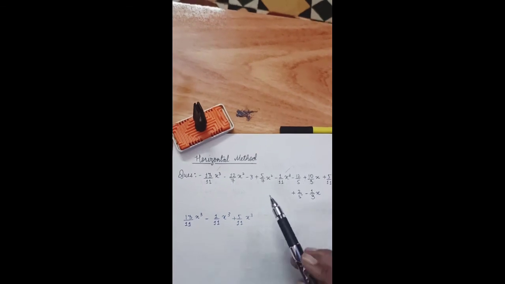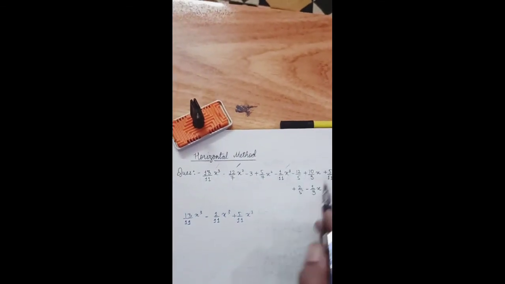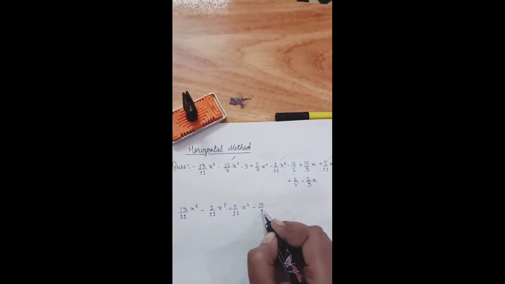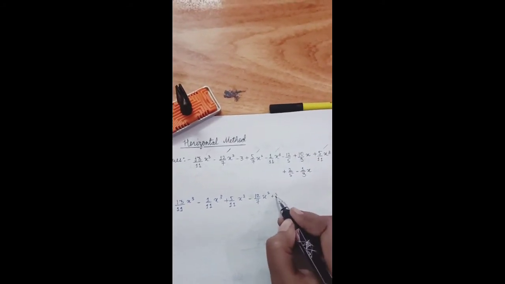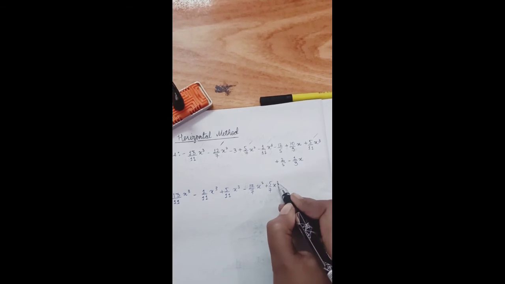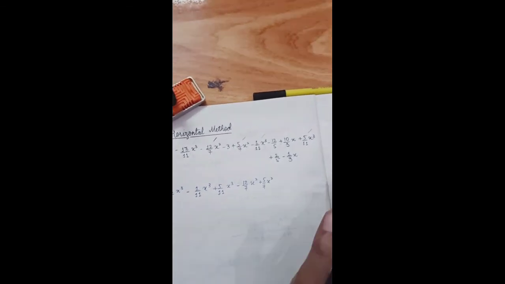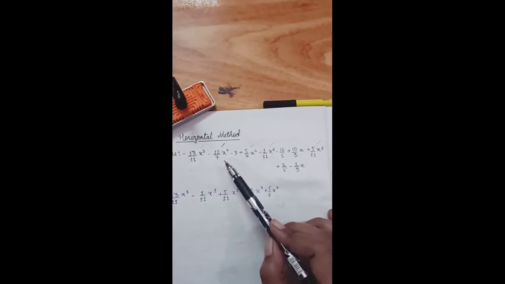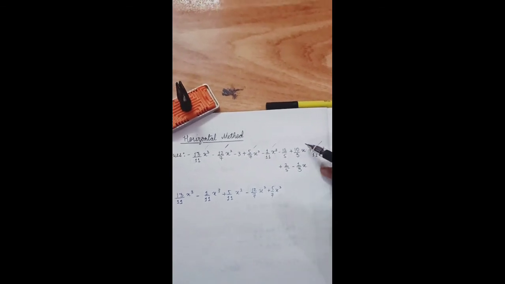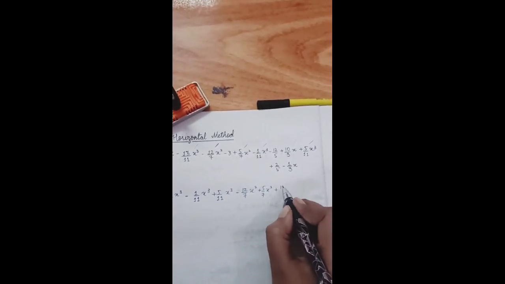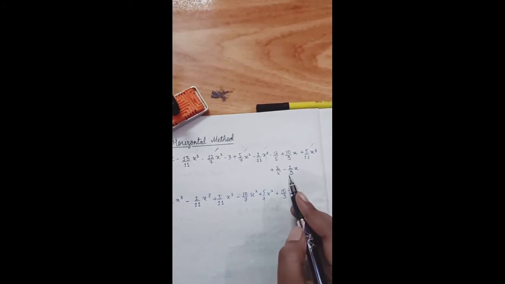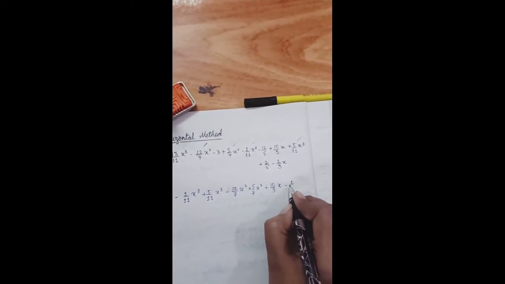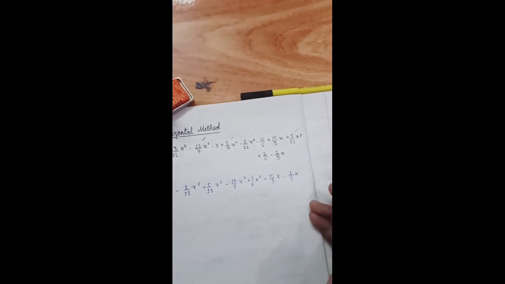Right? Now minus 12 by 7x square. Then we have plus 5 by 7x square. Now we have plus 10 by 3x. Then we have minus 1 by 3x.